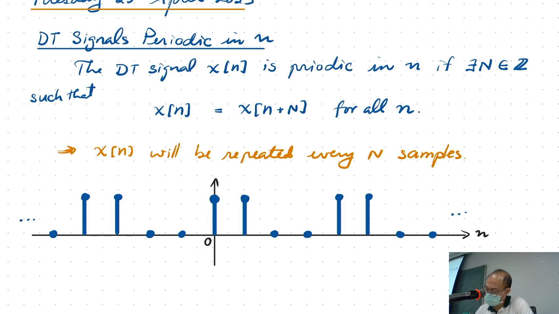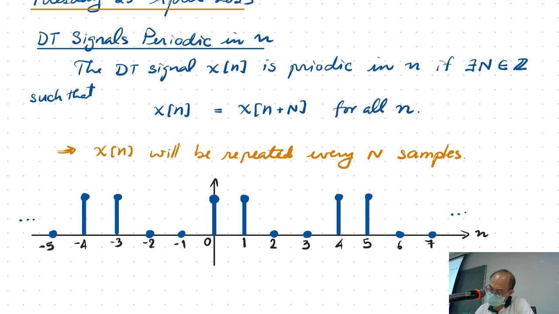we have 0, 1, 2, 3, 4, 5, 6, 7, and -1, -2, -3, -4, -5. The value of the signal is, let's say, 3. So this signal is x. You see here that this signal is repeated every 4 samples, right?